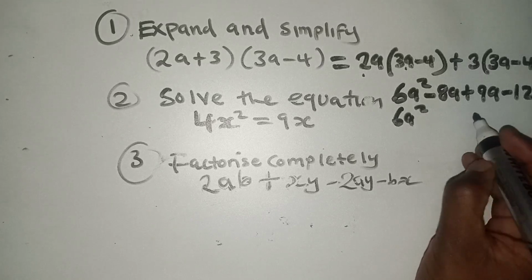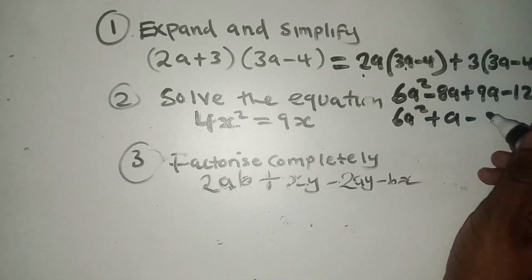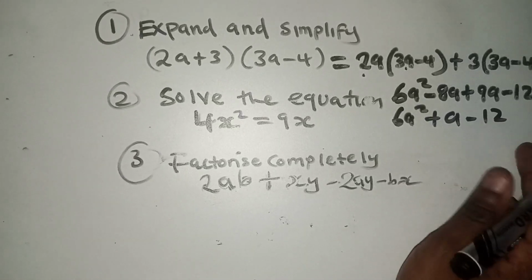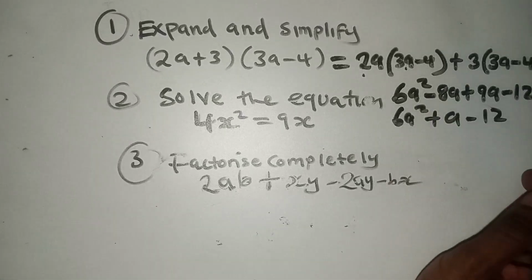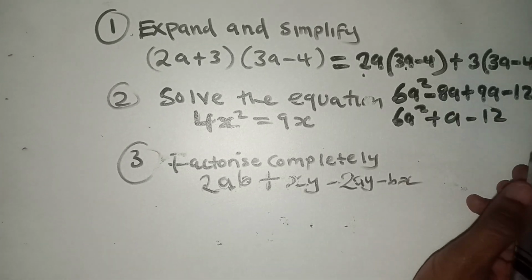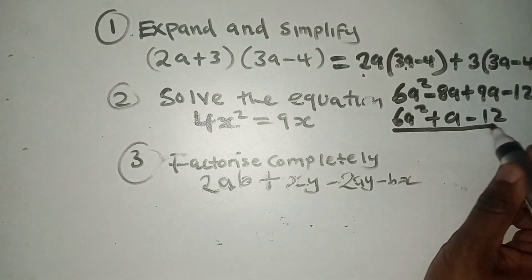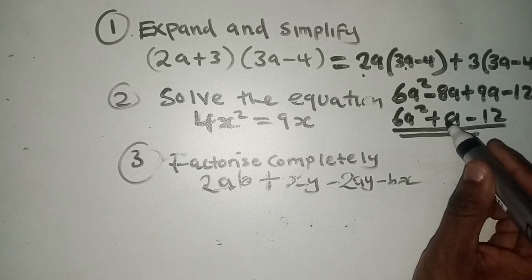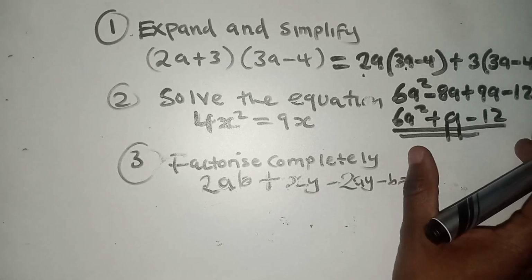What's the answer? We know that it's positive a. Then minus 12. Do you have anything here to simplify? No, because these are unlike terms. That means you are done. You have gotten your free 2 marks in paper 1. So this one, we are done.